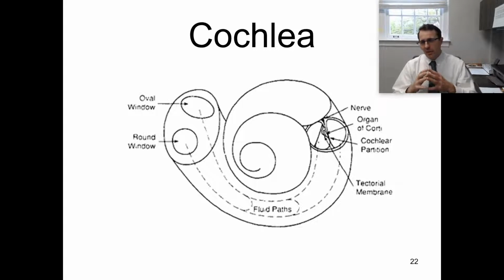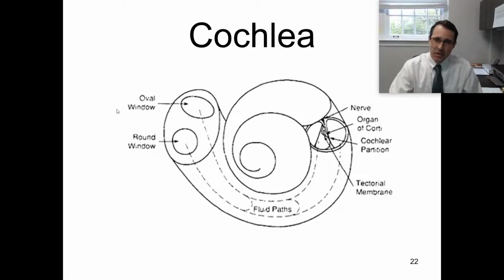So if the cochlea is the primary structure of hearing, then within the cochlea, the part that houses the hair cells is the primary part of the cochlea responsible for hearing, and that is known as the organ of Corti.